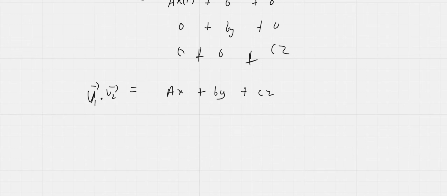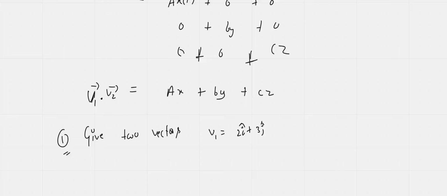You are given two vectors. v1 is equal to 2i plus 3j minus mk, and you have another vector v2 which is i plus 3j plus 2k.